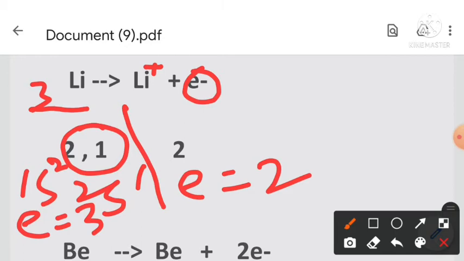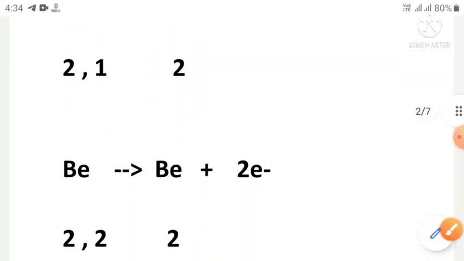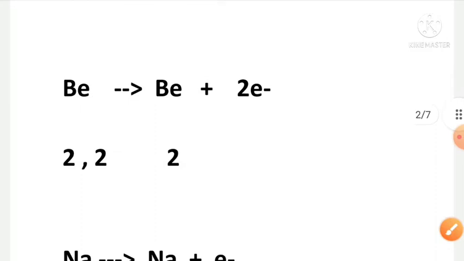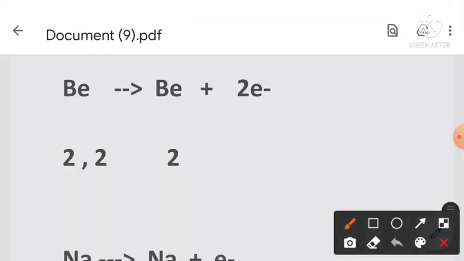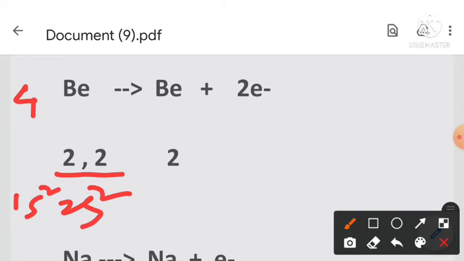Now we see the next example. In beryllium, Z is 4, so the electronic configuration is 1s2 2s2. Here the electrons are 4.